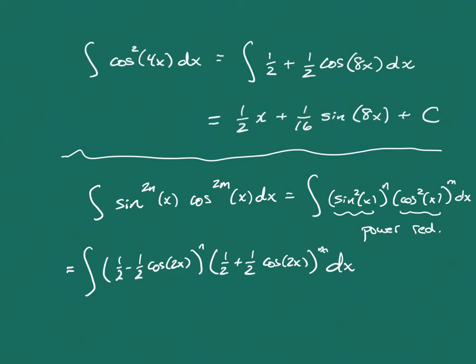And from there, this will expand and give us a polynomial in cosine of 2x.